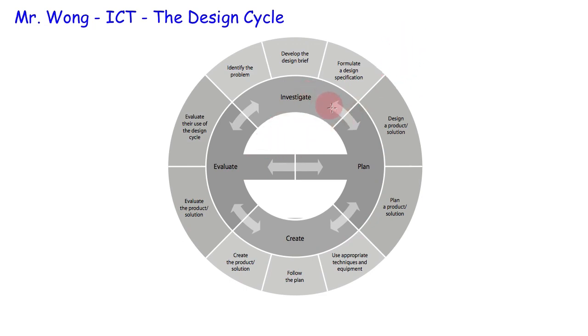You don't necessarily have to do them in this order, but it is the regular order: investigate, plan, create, evaluate, and you can move between any of the ones that you need as problems arise. If you want to be professional, you need to follow this order and do each phase properly.